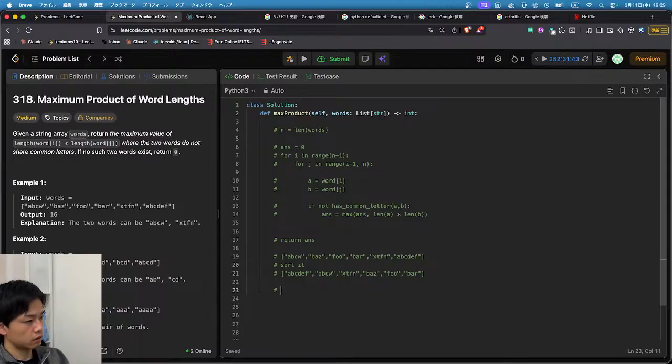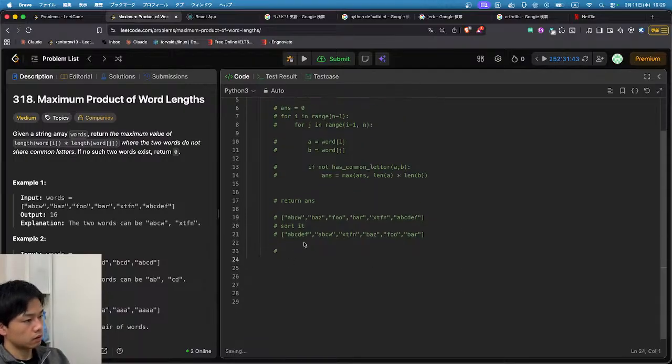And we try to use these words, right? A, B, C, D, E, F, length is 6. So possibly this is a part of the answer.